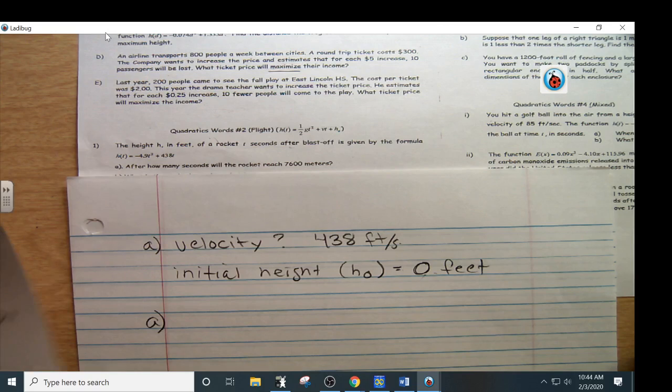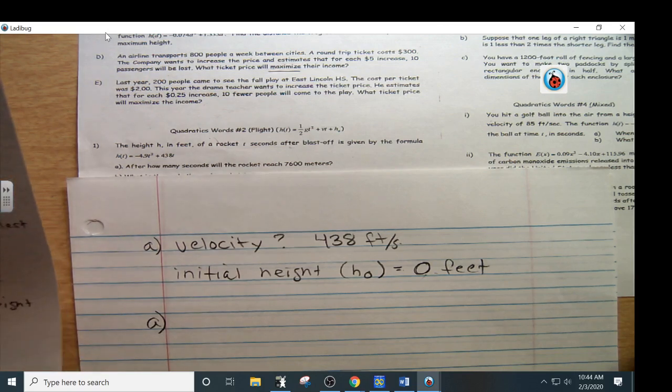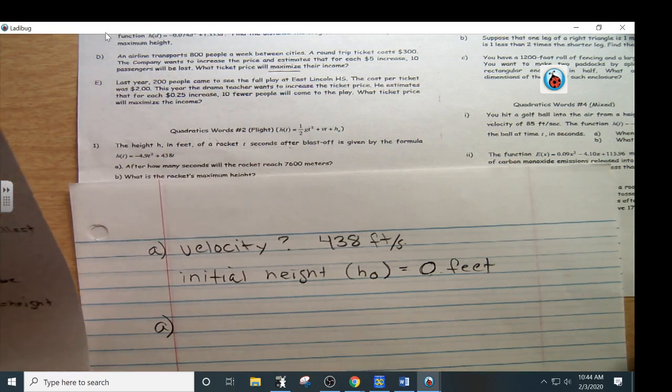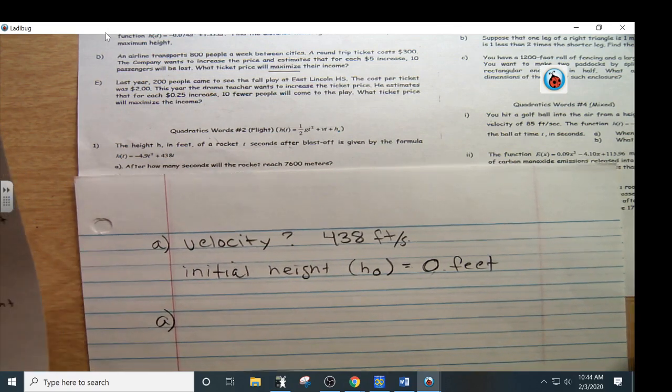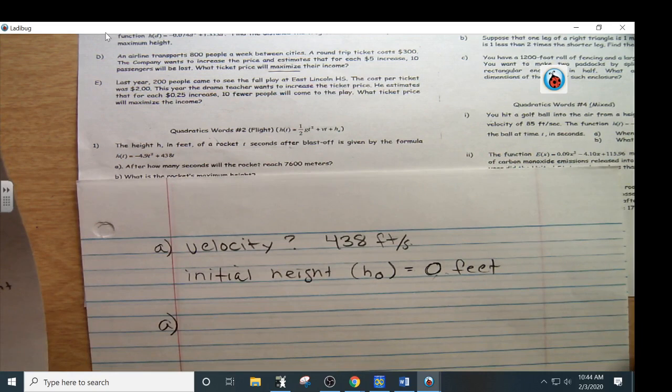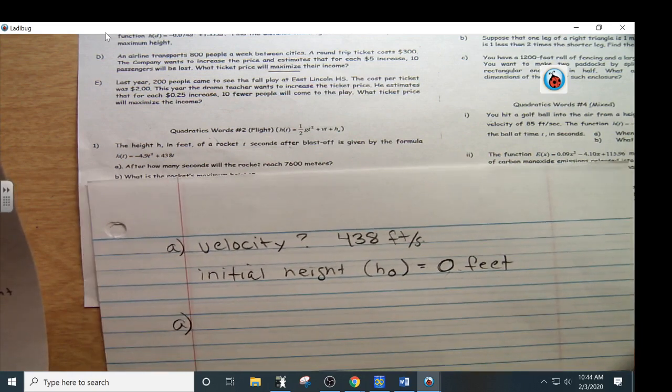The position of an object. It's saying how many seconds will the rocket reach 7,600 meters. So in that case, you are looking for the position given a time. The only thing about it, you're given the position. You got to find the time.